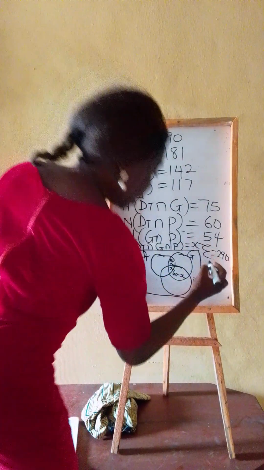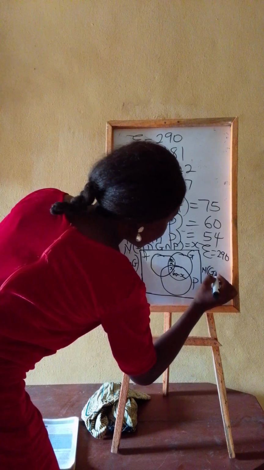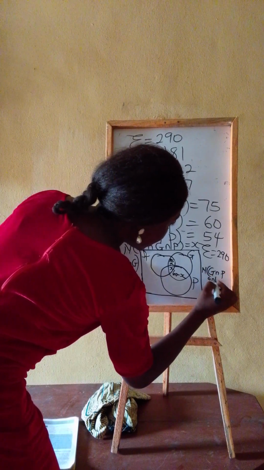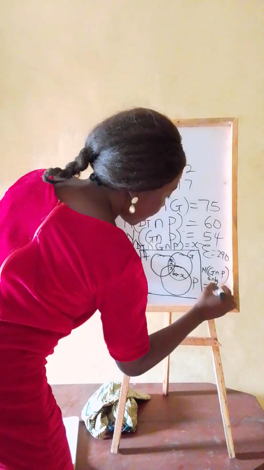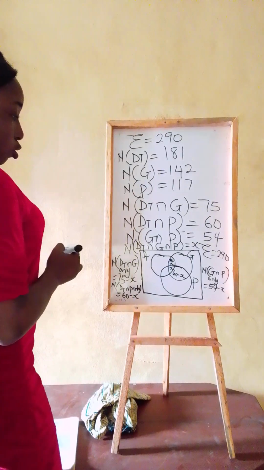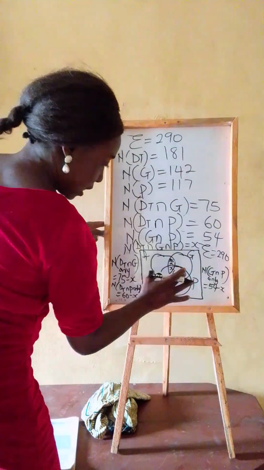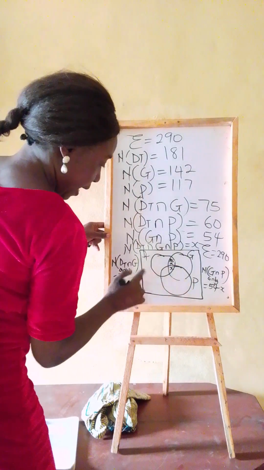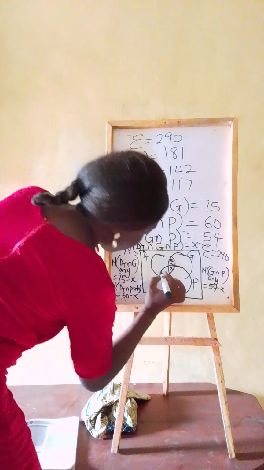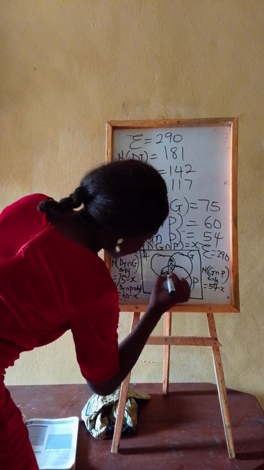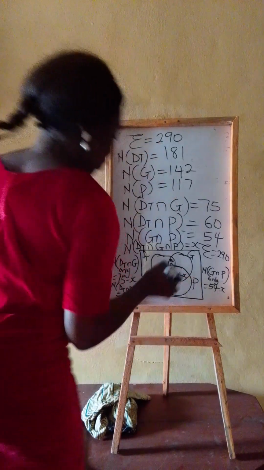You will calculate the number of G intersects P only. That will give us 54 minus x. So here is DT intersects P, where we have 60 minus x, while here is 54 minus x.